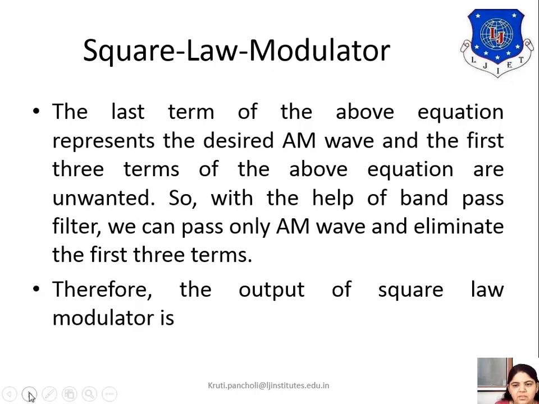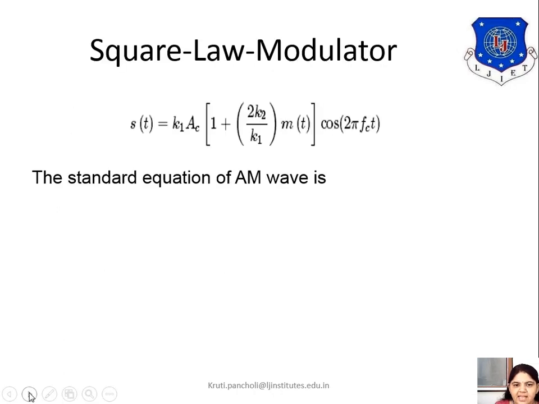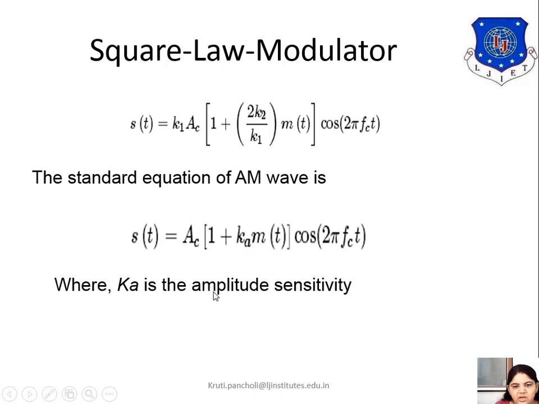So therefore the output of the square law modulator is S1(t) = K1 Ac [1 + (2K2/K1) m(t)] cos 2π fc t. Now the standard AM equation is s(t) = Ac [1 + Ka m(t)] cos 2π fc t. Here Ka is the amplitude sensitivity.